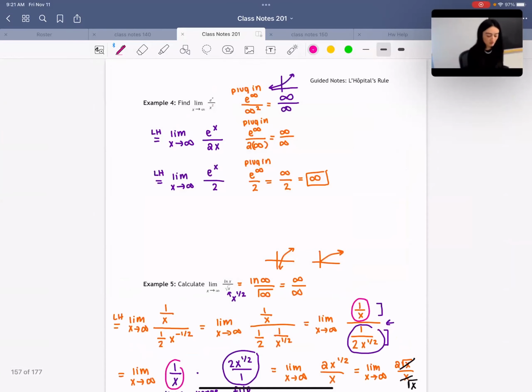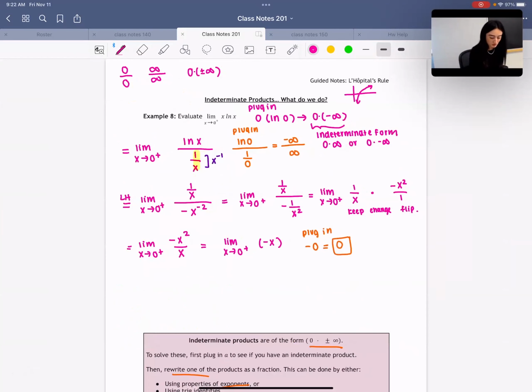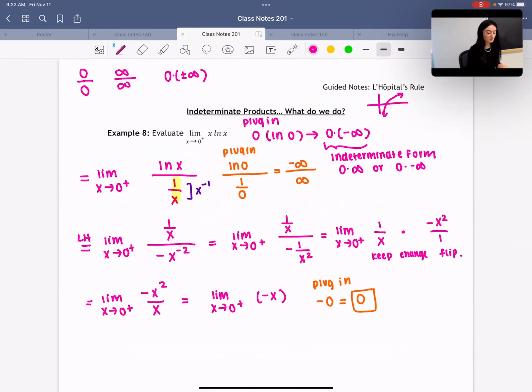So we did a couple examples with the 0 over 0 and the infinity over infinity, but we started talking about what happens when we have a 0 times infinity type limit, okay? Whenever this happens, it's another indeterminate form. And we said that the way that we are able to do these is to first change the equation into a 0 over 0 or infinity over infinity type limit.